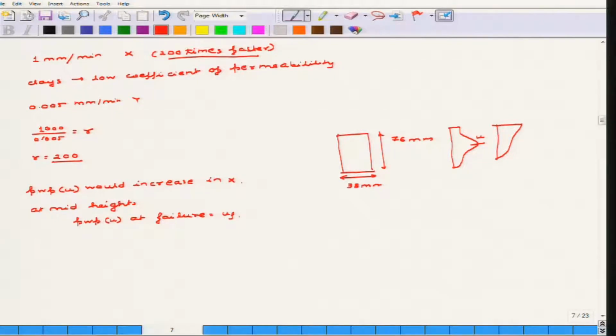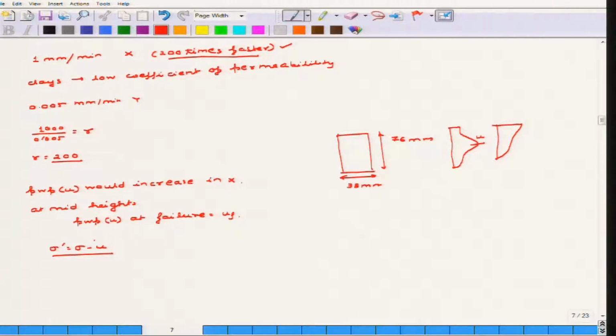Now you see that in case of X, the strain rate is much faster, so in this case drainage is not supposed to occur. If drainage is not supposed to occur, then obviously sigma dash will be equivalent to sigma minus u.